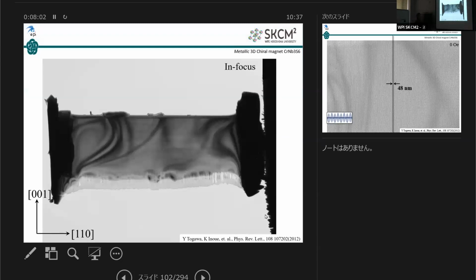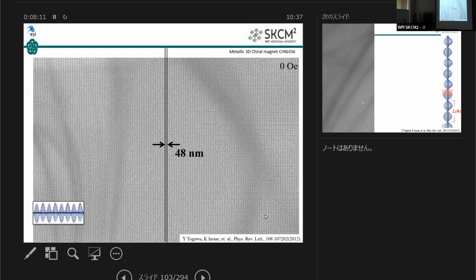This is the sample. We cut it and make a thin film of this chromium niobium sulfur crystal. This is the result of Lorentz STEM at zero field. We were so surprised when we looked at this figure. The pitch of the helix is 480 angstrom, but the line of the helix is perfect.